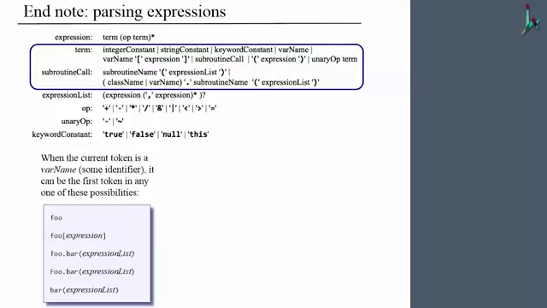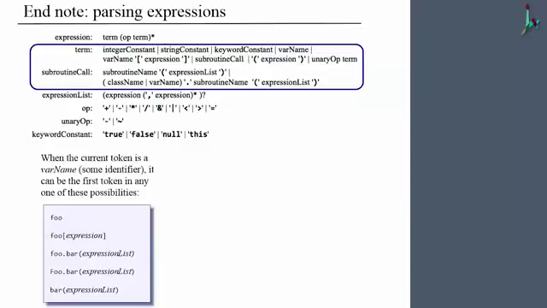Here are some examples of what may transpire when you have a token which is a variable name. It may be just the variable name foo, which is easy to handle. But it may also be the name of an array, foo followed by a left square bracket followed by an expression that evaluates to some index of this array. It may also be foo dot, and then comes a call to either a method or a function.